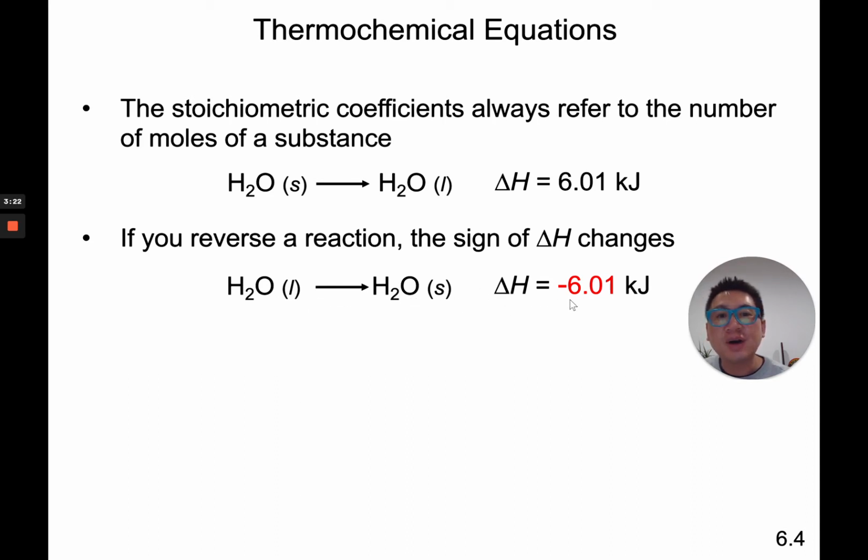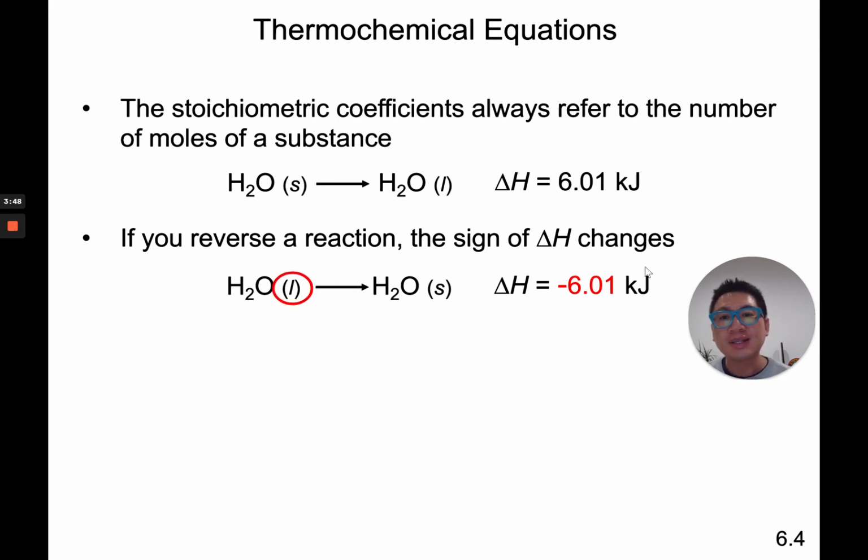It needs to give off 6 kilojoules of heat. So to turn liquid water into solid ice, it needs to give off 6.01 kilojoules of heat. So when we flip an equation, reverse it, we always change the sign.